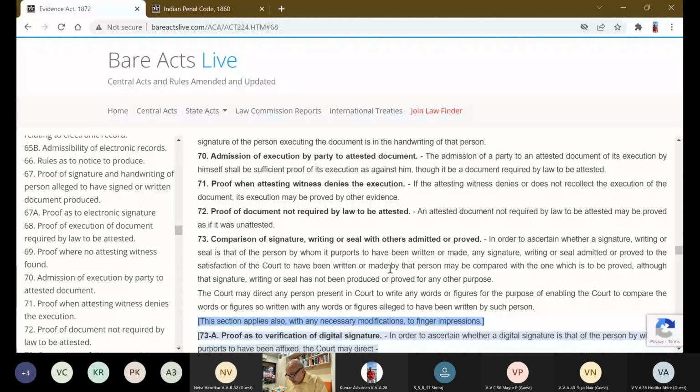The question is whether a given letter is in the handwriting of A, a merchant in London. So is this letter in his handwriting or not? B is a merchant in Calcutta who has written letters addressed to A and received letters purported to be written by him.